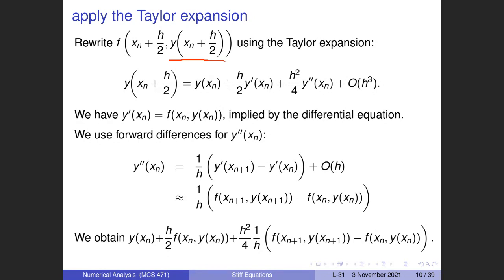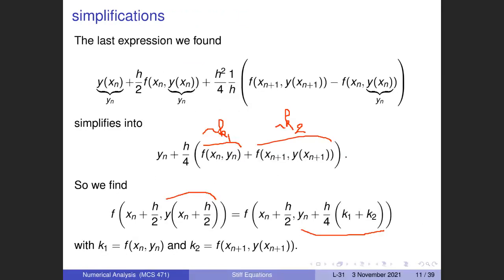So in some sense, it's an interpolation as well. It's a weighting of previous function values for the function value at the middle. So we find the identification that the value of the unknown function in the extra point at the middle is yn, the approximation that we have already, plus h over 4 times k1 and k2.